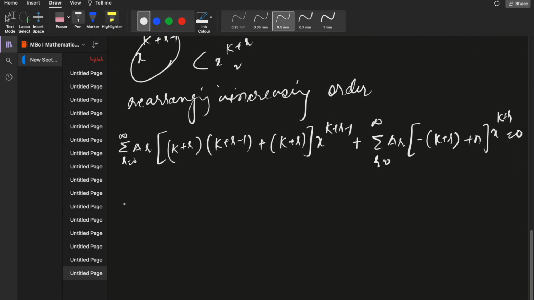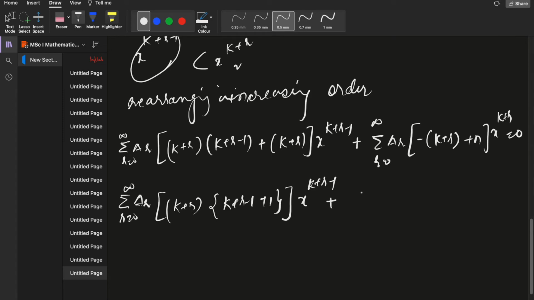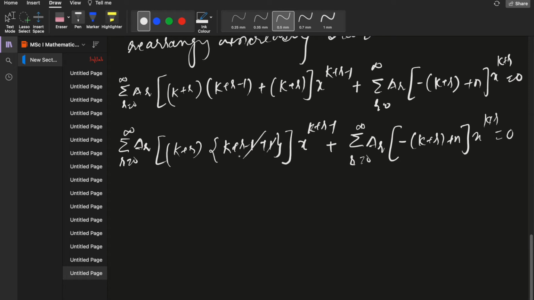Now reduce these terms. This gives summation r tends to 0 to infinity ar, where r is a subscript. Take k plus r common, so we have (k plus r minus 1 plus 1) x to the power k plus r minus 1, plus summation r tends to 0 to infinity ar (n minus k minus r) x to the power k plus r equals 0. The minus 1 and plus 1 cancel out, so what is left is k plus r.